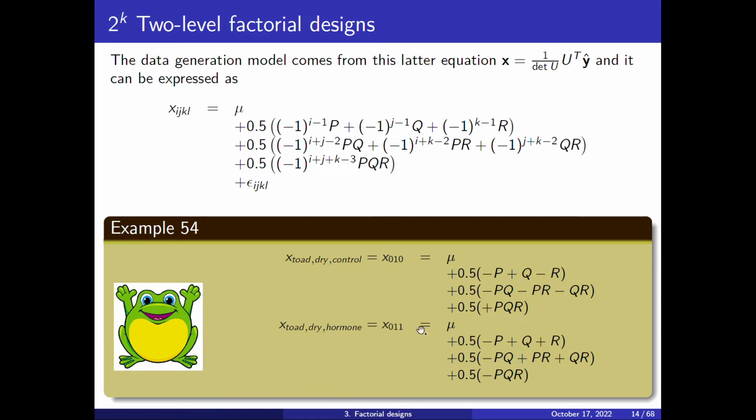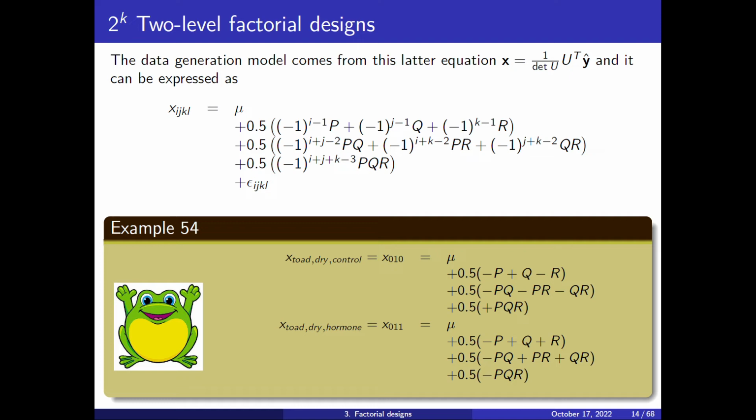But we can also do them in this way, and this way it is coming from this 1 over the determinant of U transpose. So for factorial designs, we can express this data generation model in a very precise way, in this way. So capital P, capital Q, capital R are the main effects when the P is 1.